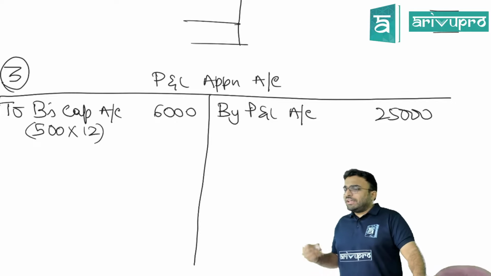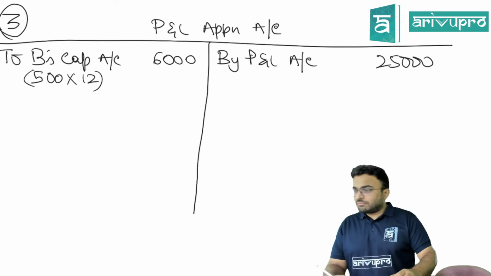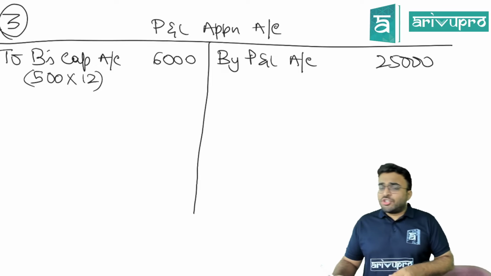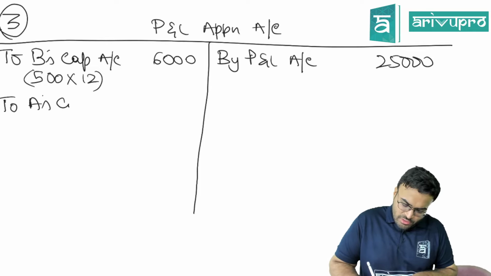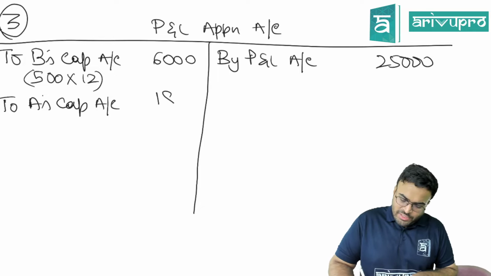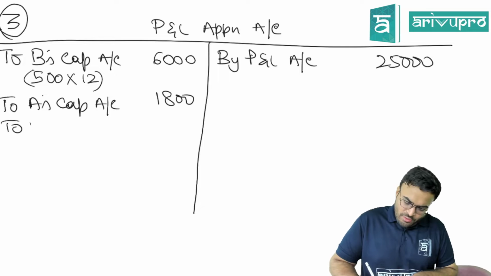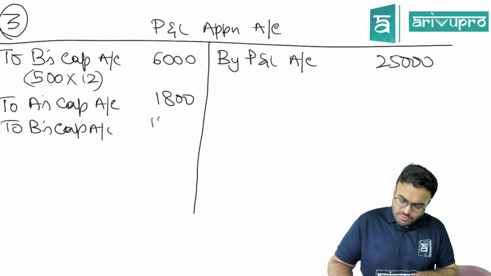B's capital account. What was the next journal entry you passed? Interest on capital to A's capital account. How much interest on capital? 1,800. And then to B's capital account. How much interest on capital? 1,200.